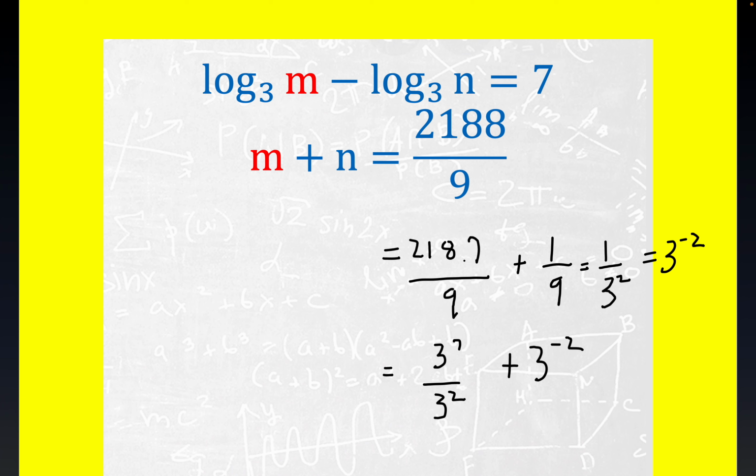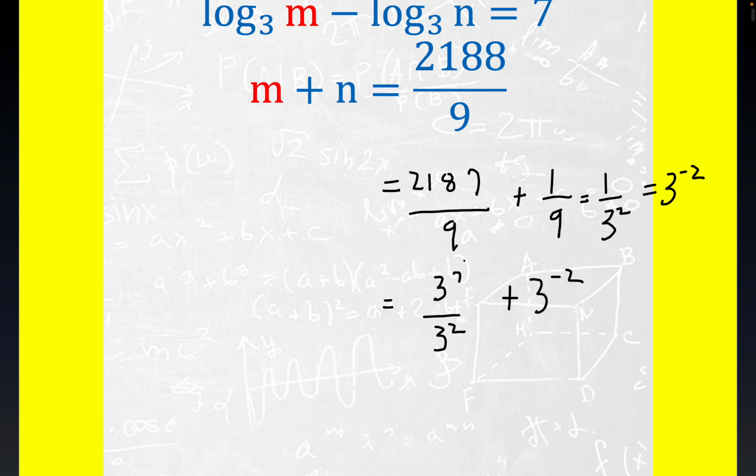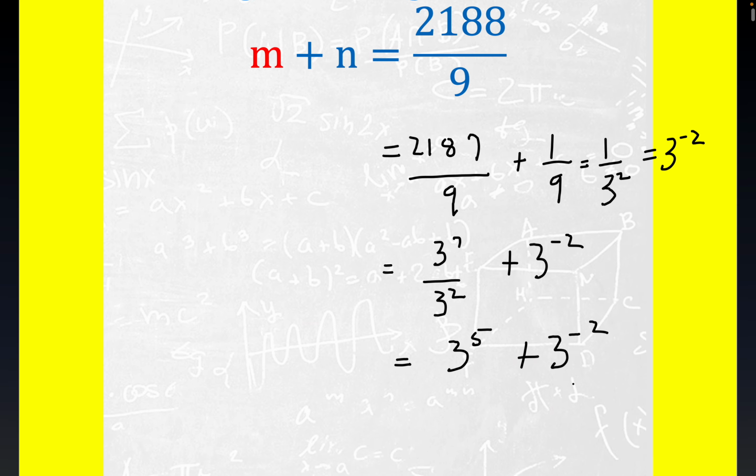Now, so what do we got? Well, this would be 3 to the 5th plus 3 to the minus 2. Okay, and we can choose this one to be m.